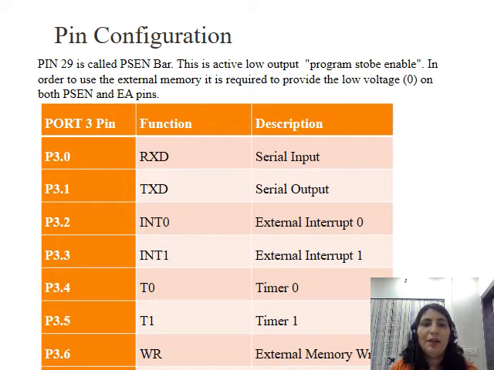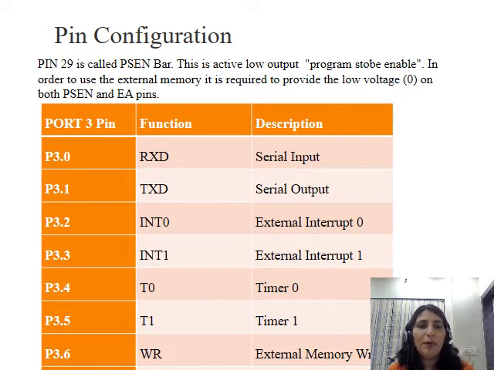Then pin P3.1 is the serial output pin. The microcontroller gives output serially on this pin. Then pin P3.2, pin P3.3, these are external interrupt pins. The microcontroller receives interrupts on these pins.